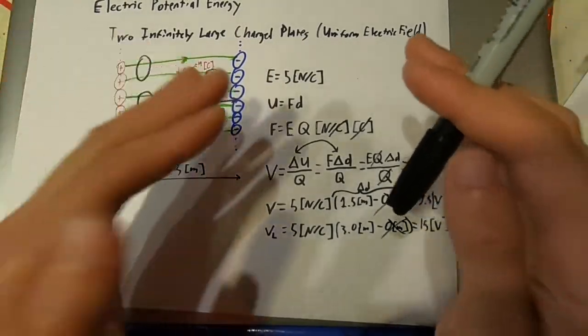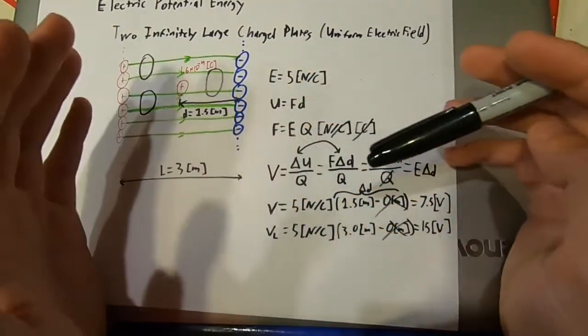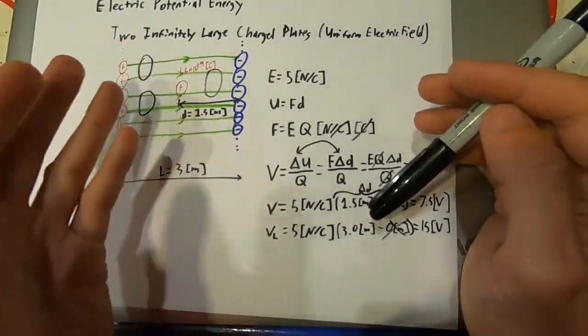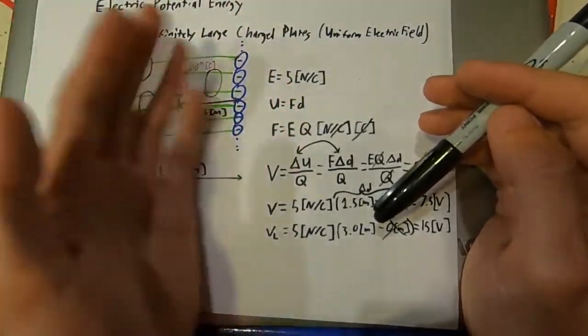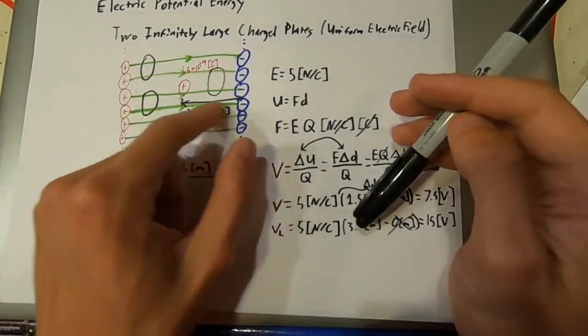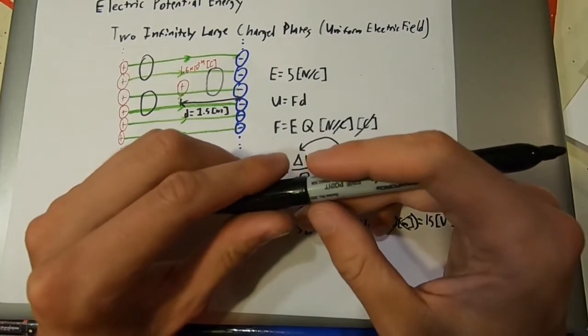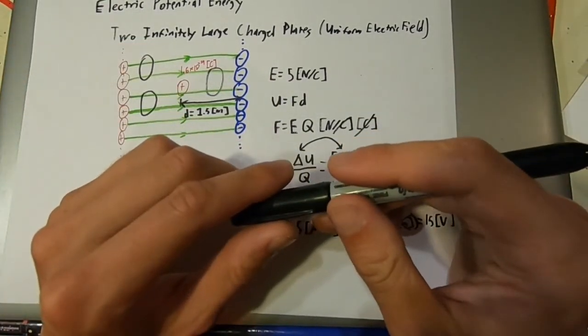But voltage takes charge out of the equation. It's basically saying how much energy per charge do you have, or how hard are you pushing charge through this field. And we'll get into this a little bit more in depth next week when we talk about batteries.